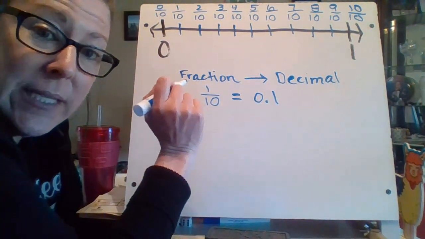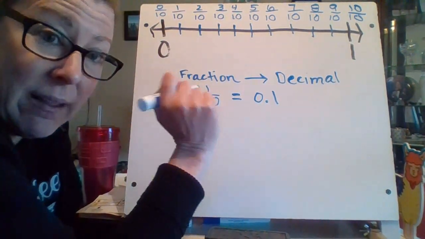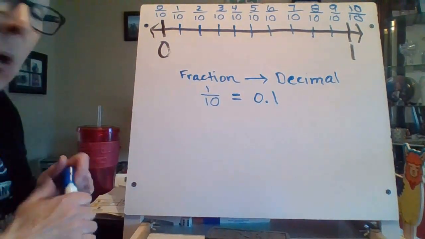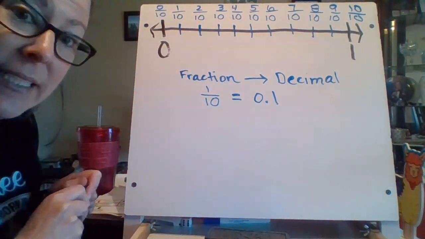So what I'm going to do is I'm going to label my number line on the bottom with the equivalent decimals.